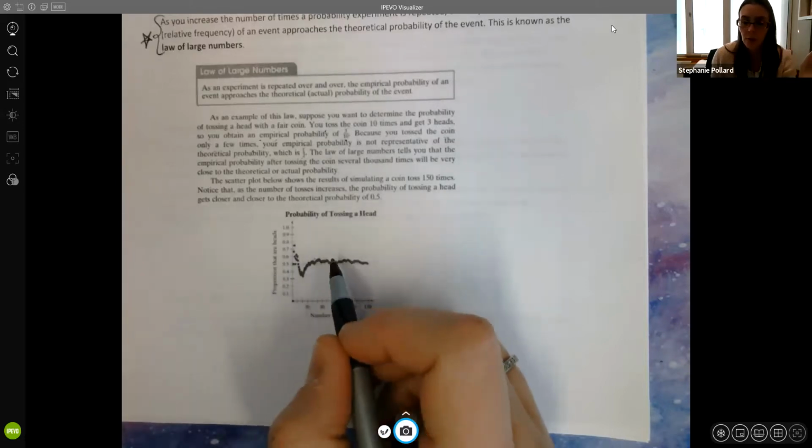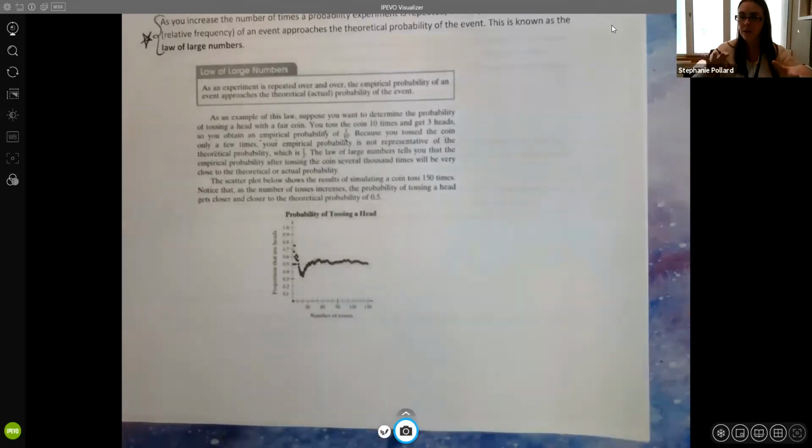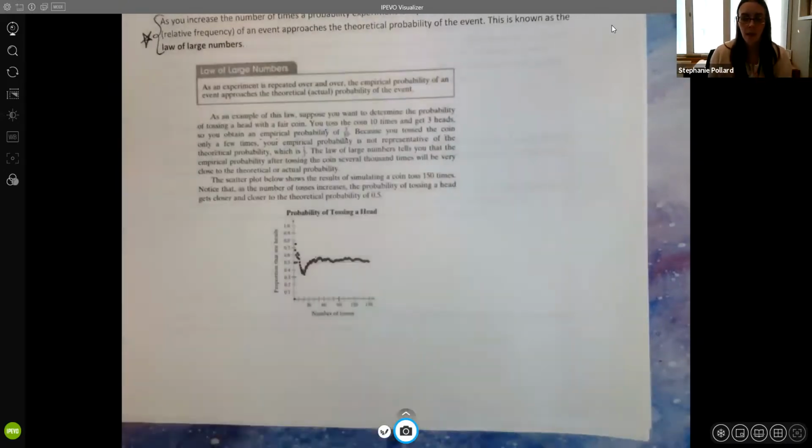But as you do more and more tosses, you're starting to see that 50-50 split, right? Maybe you have 49 heads and 51 tails. You start to get a little bit more even than in your beginning examples. So that's what this is saying here. The more you do something, the larger that sample size is, the closer you get to those true probabilities.